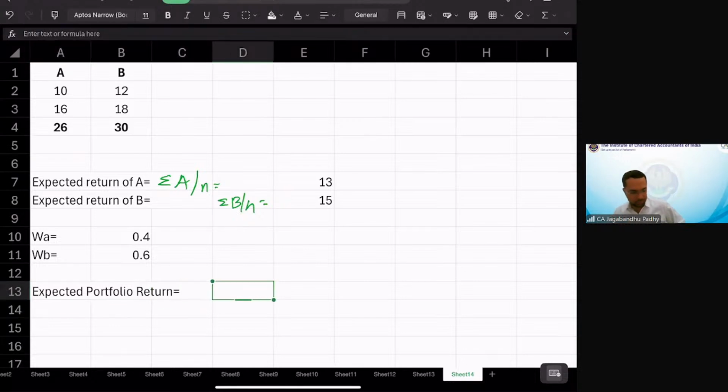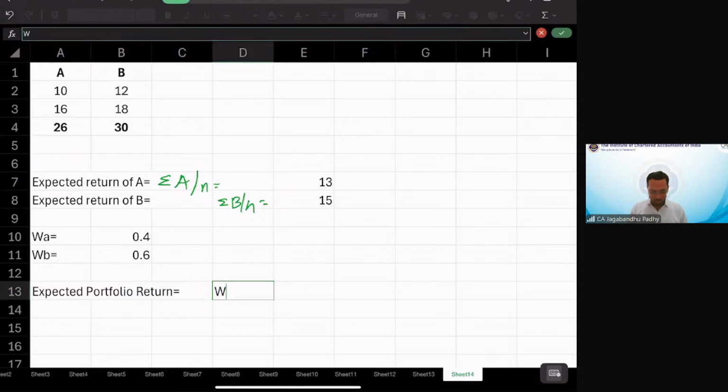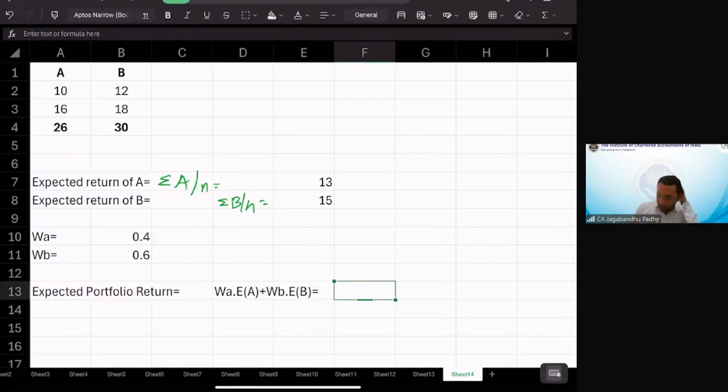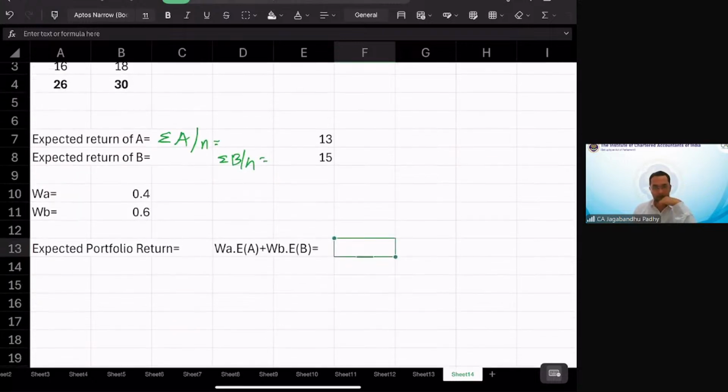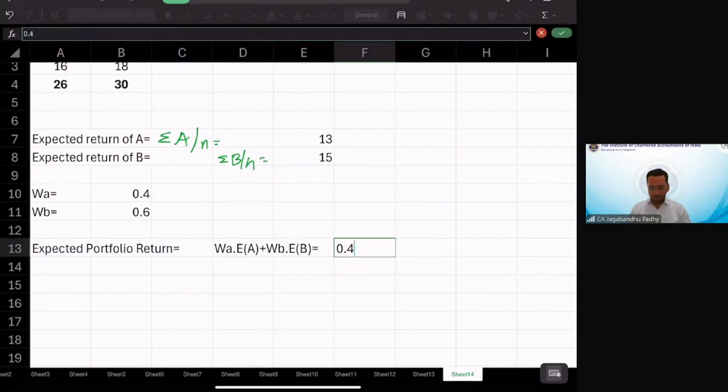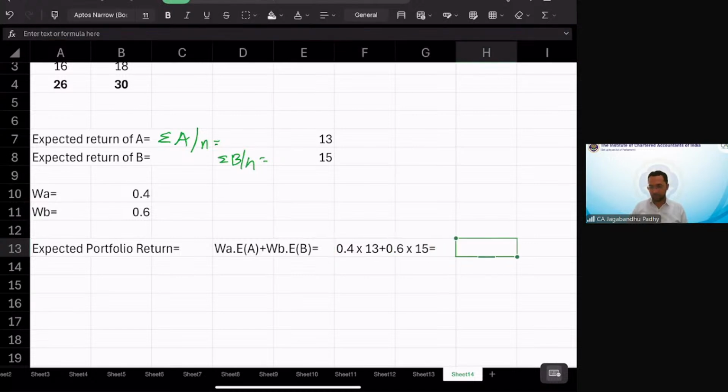Expected portfolio return will be weight of A multiplied by expected return of A, plus weight of B multiplied by expected return of B, which will be equal to 0.4 multiplied by 13 plus 0.6 multiplied by 15.